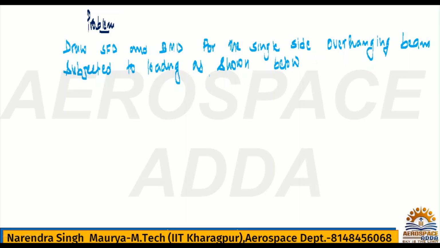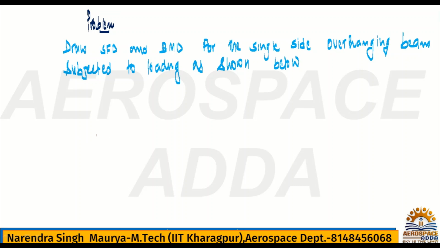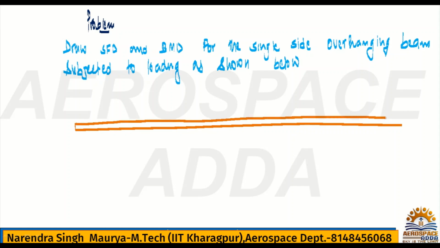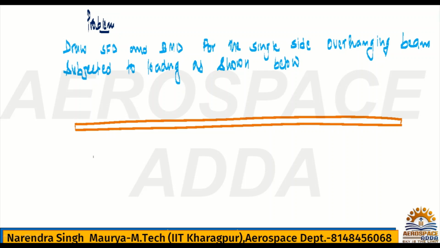Now the beam is something like this, and it is single side overhanging. One side is supported, and on the other side it is overhanging.